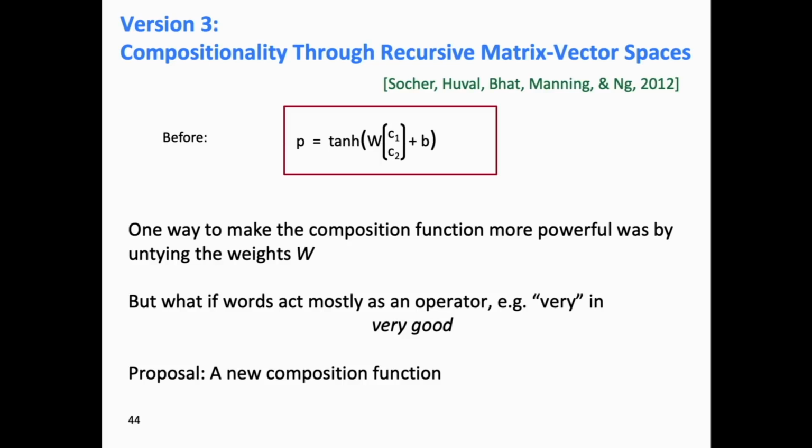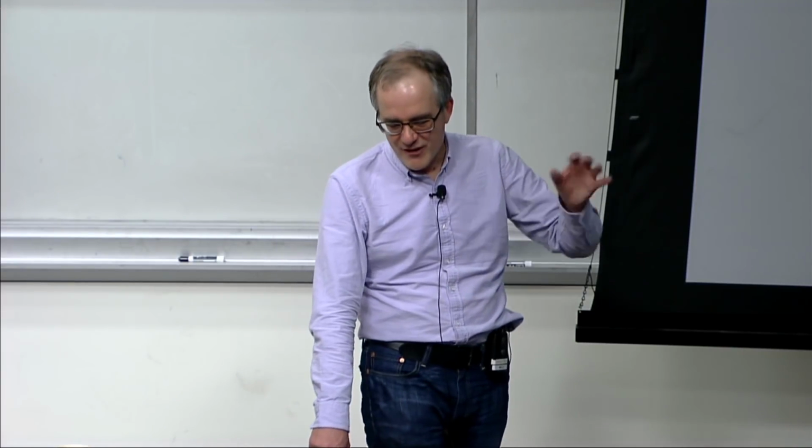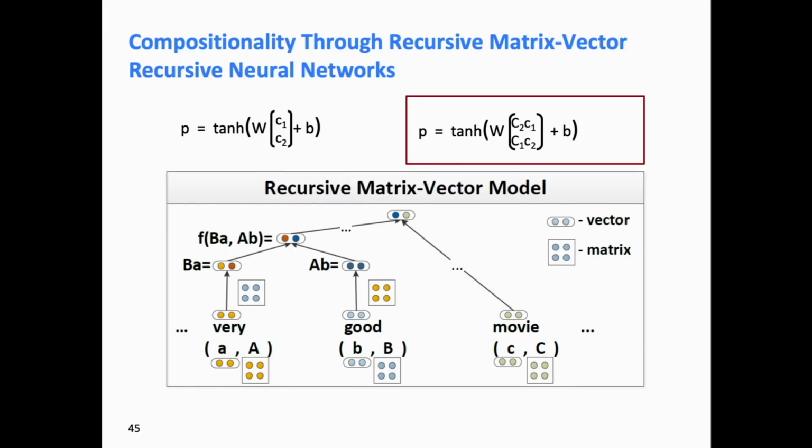So good is also an operator: from a person, you can have a good person, and that's also an operator, and very is modifying that good. So the idea we came up with is let's not try to predetermine all of this. Why don't we say that every word and every phrase has connected to it both a matrix and a vector.